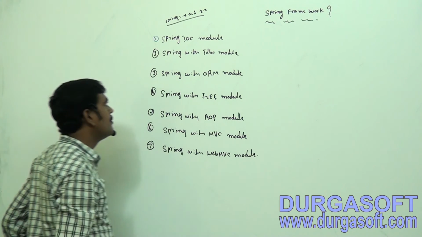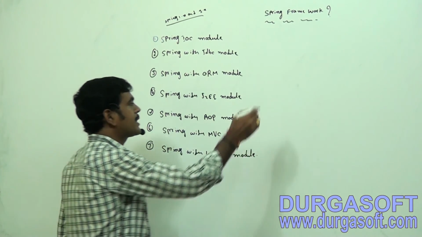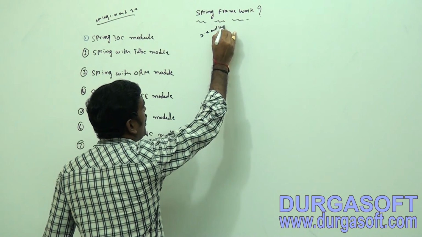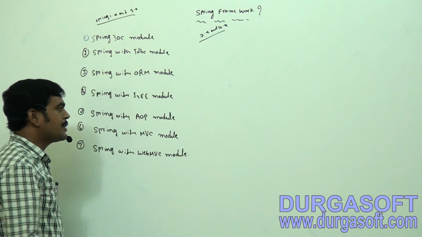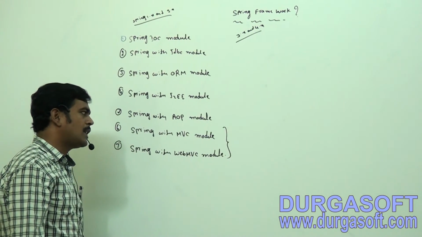Like this, a total of 7 modules are there as part of Spring 1.x and 2.x. In Spring 3.x and 4.x, they are reduced to one module, that is Spring with MVC and Spring with WebMVC.